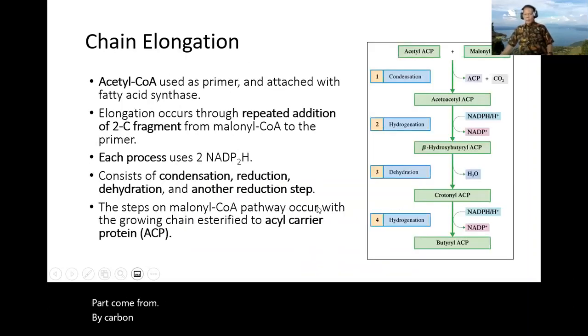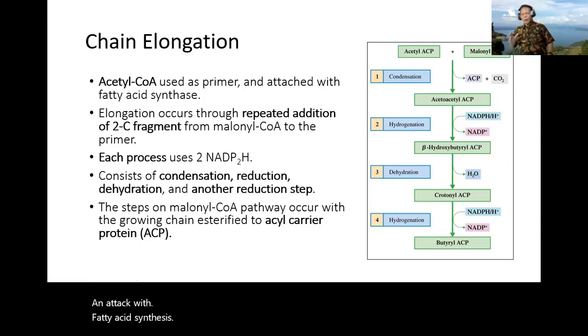Now let's discuss chain elongation. Have a look at this one. We start from acetyl ACP. The first step is condensation, then hydrogenation, dehydration, then hydrogenation again. Acetyl-CoA is used as a primer and attached to fatty acid synthase.